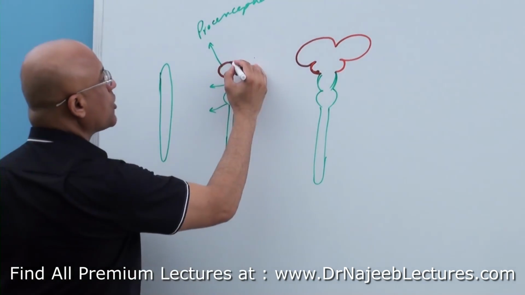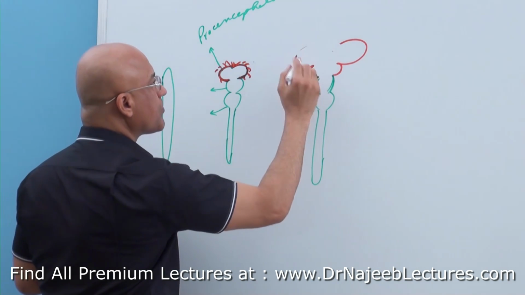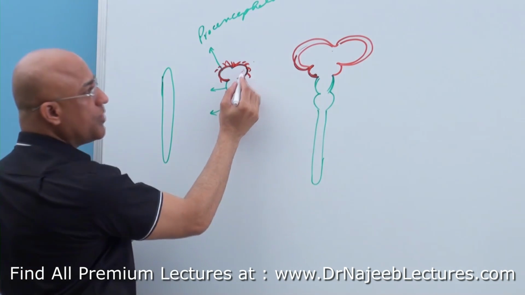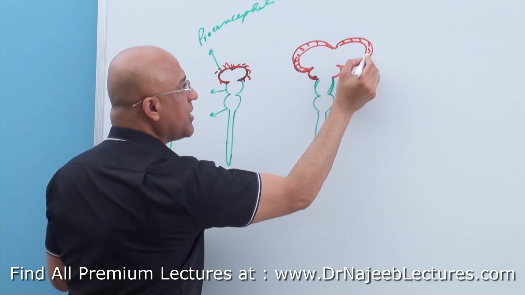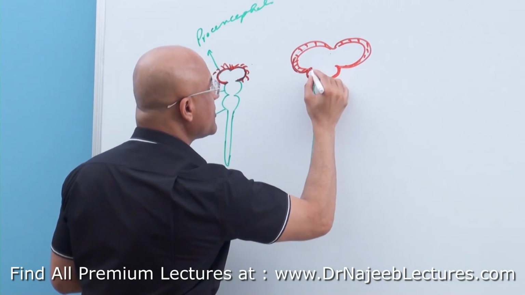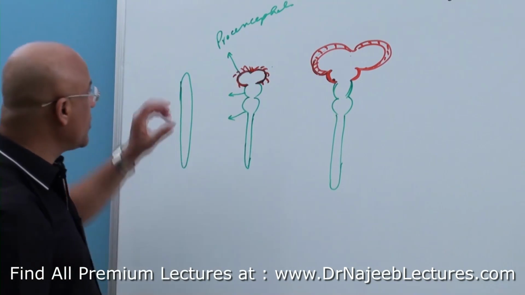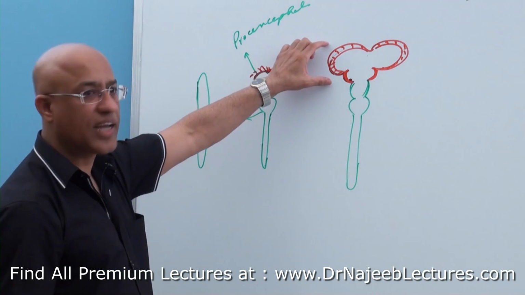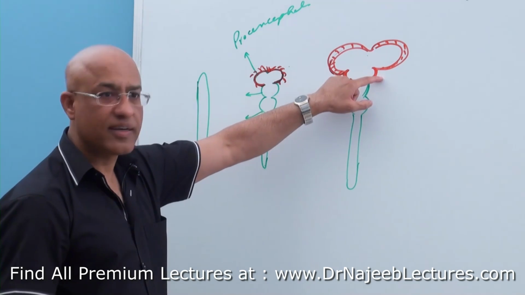This prosencephalon divided into two vesicles. This vesicle is called telencephalon, and this part of the vesicle is called diencephalon, right? It means the prosencephalon divides into two secondary swellings, this is telencephalon and this is diencephalon.